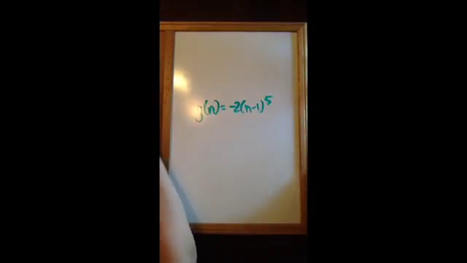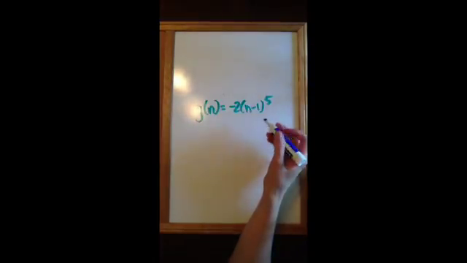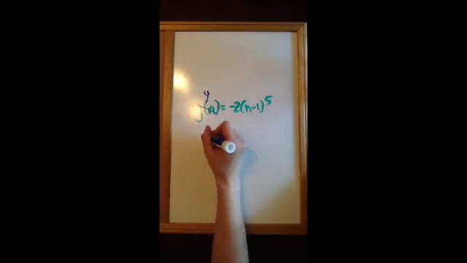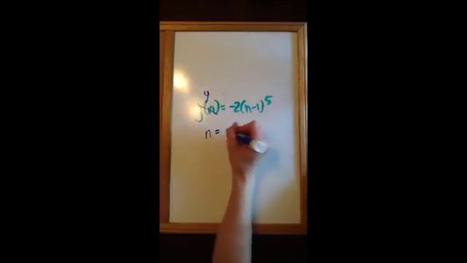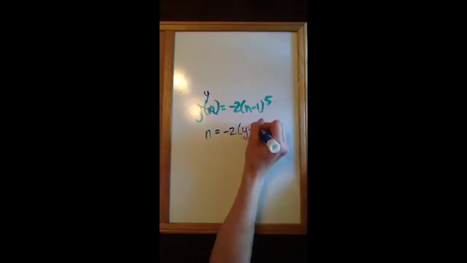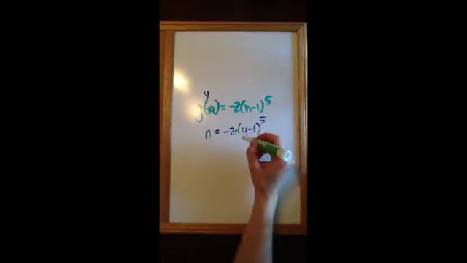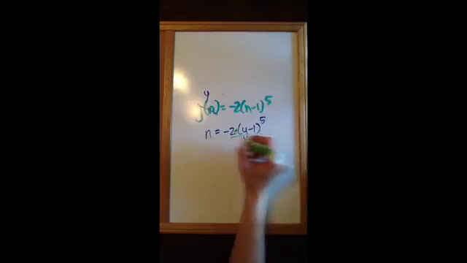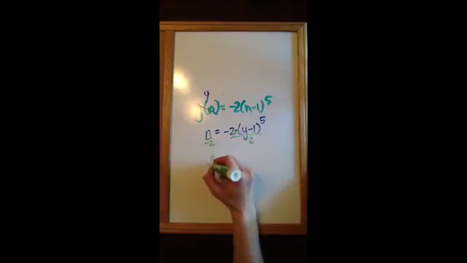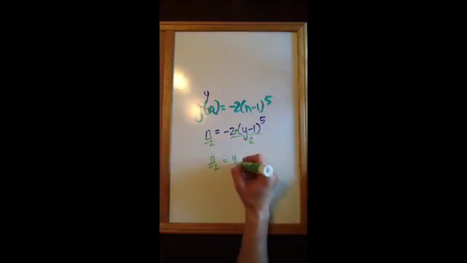Okay? So on this one I'm going to switch x and y, but my x in this case is n. So this is really y, so I'm going to have n instead of x equals negative 2y minus 1 to the fifth. Okay? I have nothing being added or subtracted on the outside, so I'm going to skip to getting rid of multiplying and dividing. So I'm going to divide by negative 2. So I have n over negative 2 equals y minus 1 to the fifth.